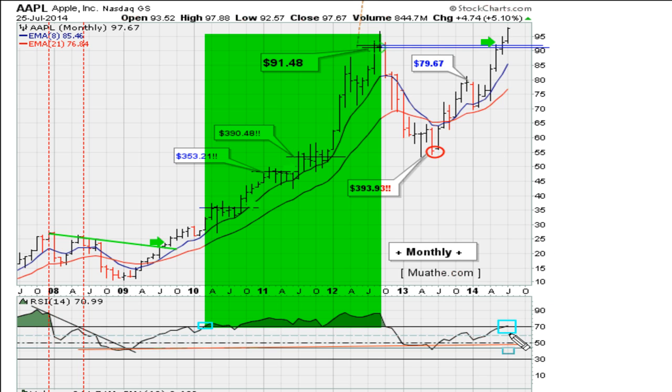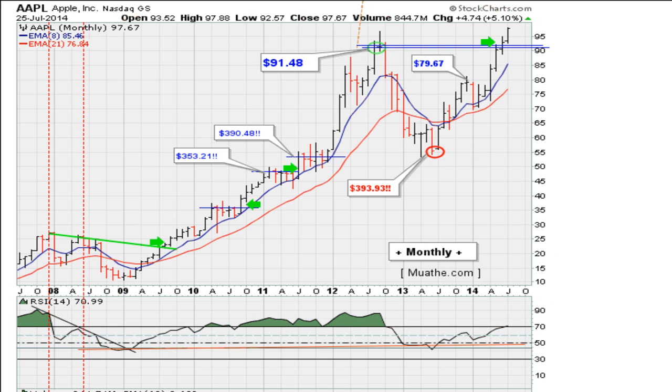So the fact that it's back above 69.10 and the fact that it's holding above our previous monthly closing high of 91.48, the stock should continue moving higher as long as it's trading above 69.10 on the monthly RSI.